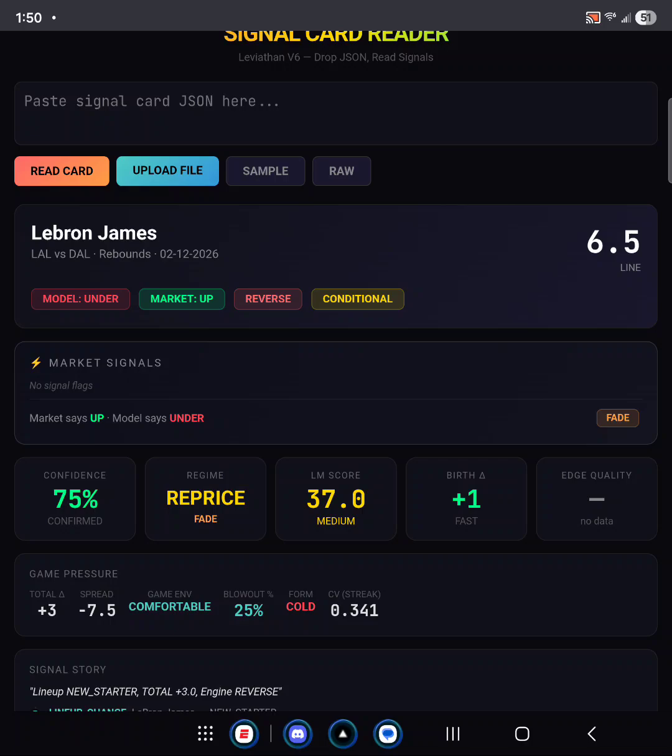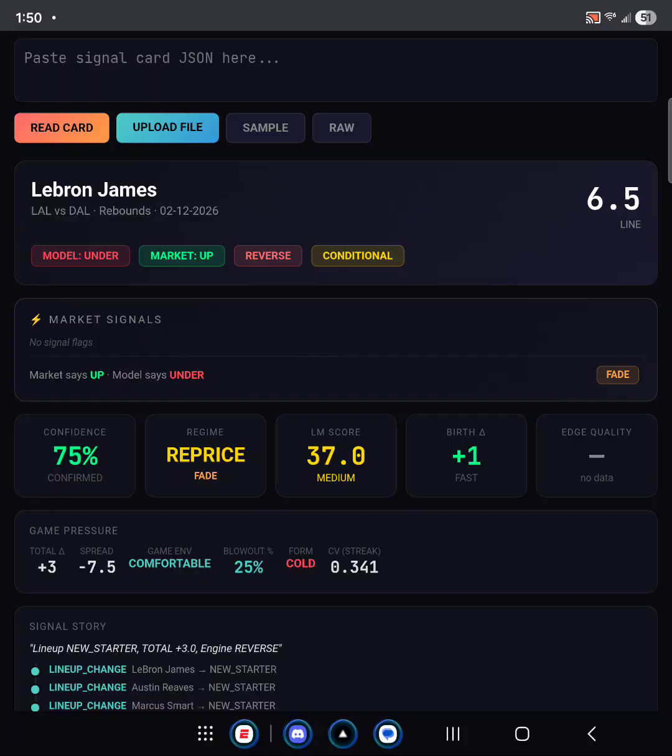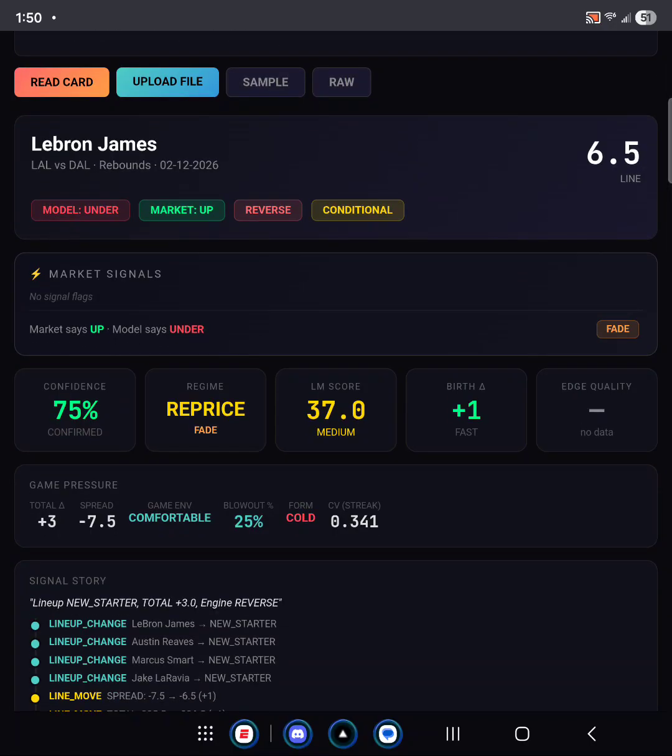So I just wanted to talk about a little thing that I talked about in my last video: every file is going to have a story. That file is going to tell you what the market is doing, or what you predicted it's going to do, that prop to go over or under. That's just how it is. There are only two lenses.